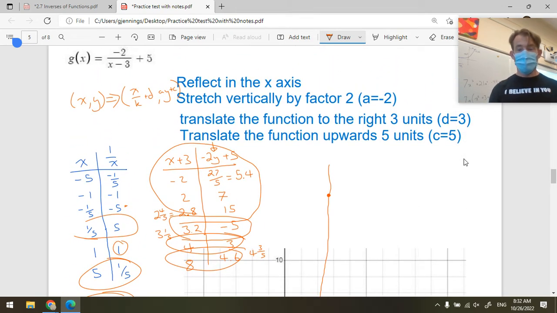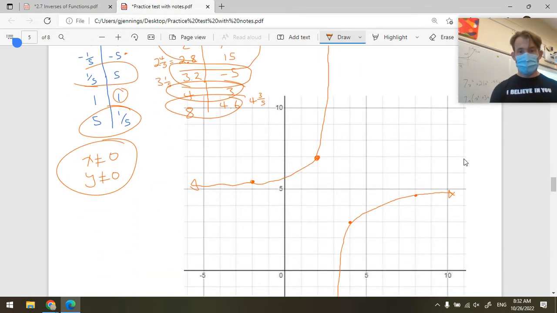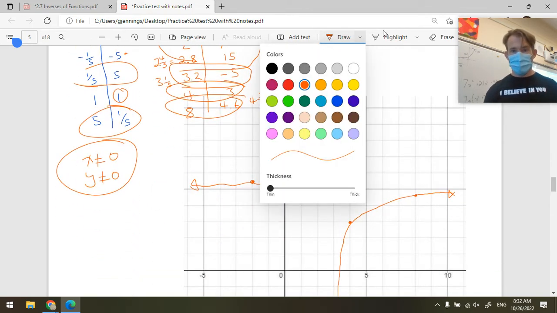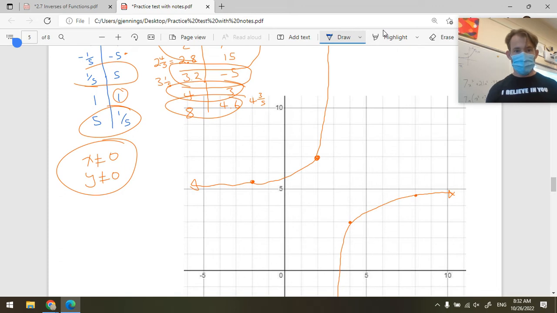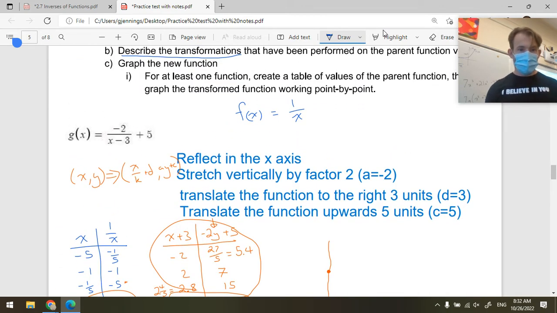So here we move it 3 units to the right and 5 units up. So we have new asymptotes here, and we can see here, x is not equal to 3, because that would create a contradiction there. And y is never equal to 5, because this is always non-zero.